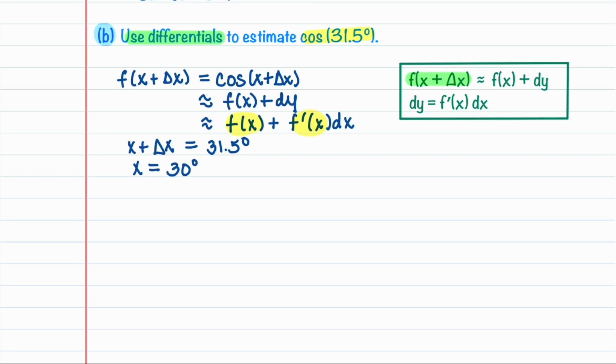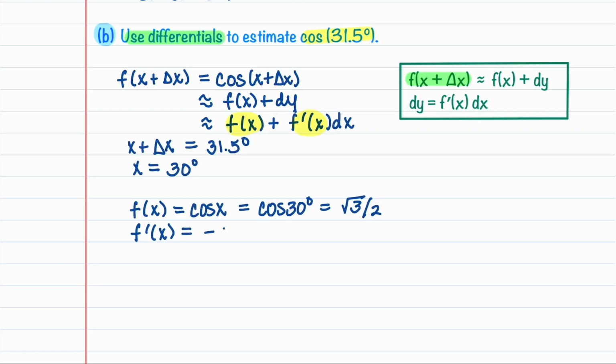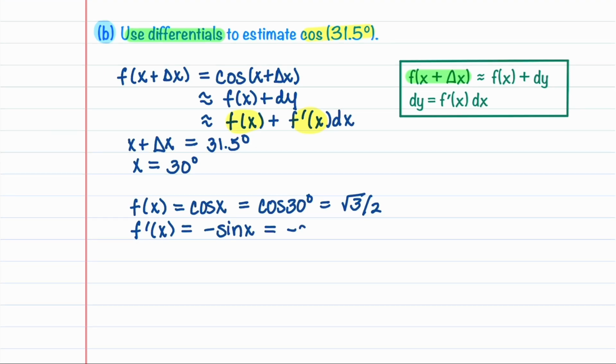Since f of x plus delta x is cosine x plus delta x, f of x is cosine x, and x is 30 degrees, so this is cosine 30 degrees, which is the square root of 3 over 2. Now let's find f prime at x. That is going to be minus sine x, and x again is 30 degrees, so this is minus sine 30 degrees, which is minus 1/2.